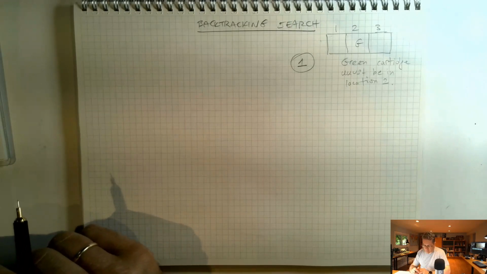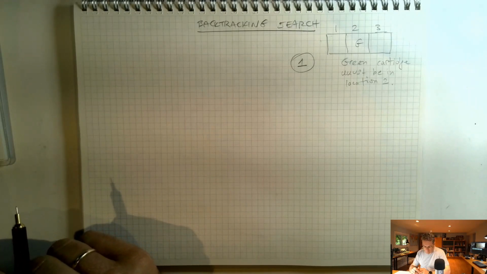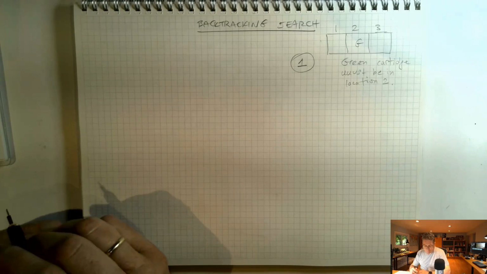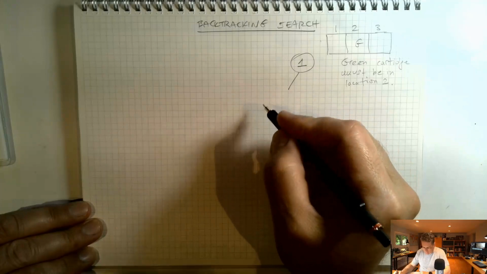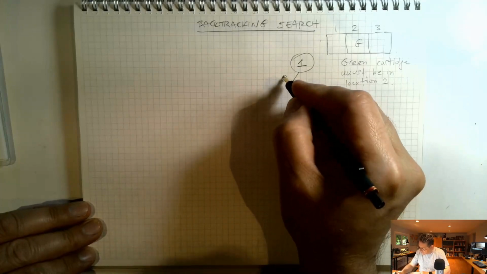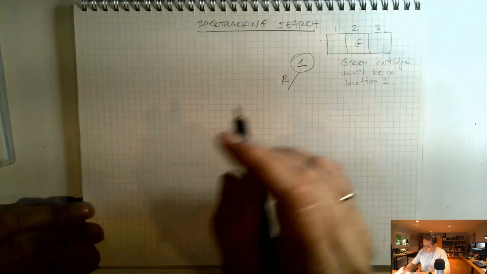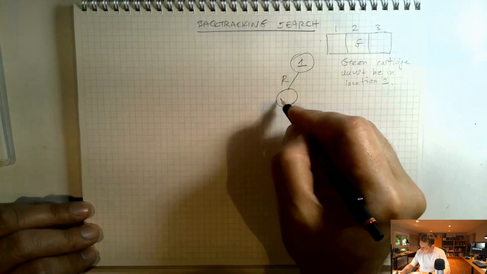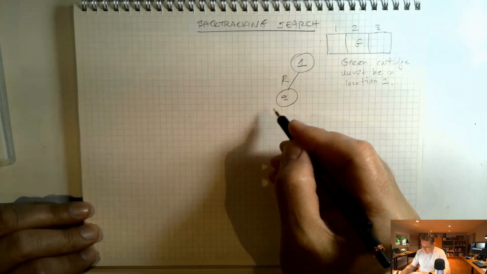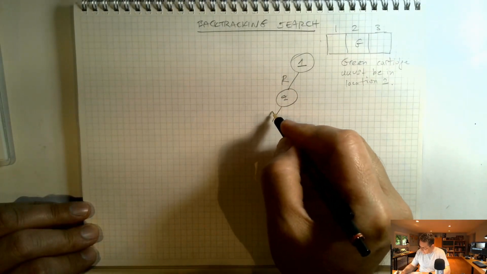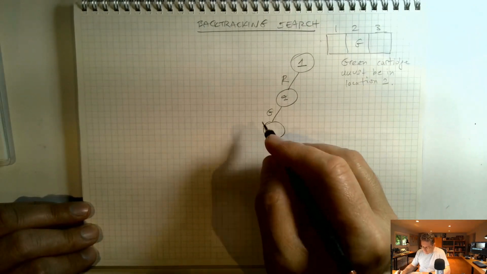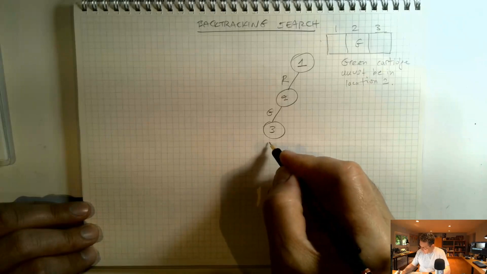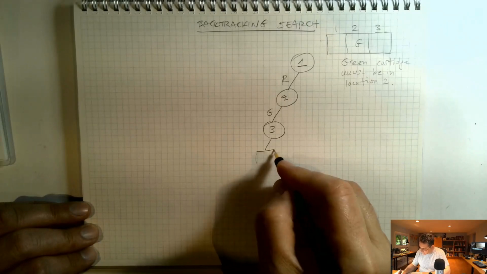All right, so we start with node 1, which is location 1, and we can assign, let's say, red to that location. We arrive at location 2, and we can assign green, and then go to location 3, and we can assign, let's say, blue.